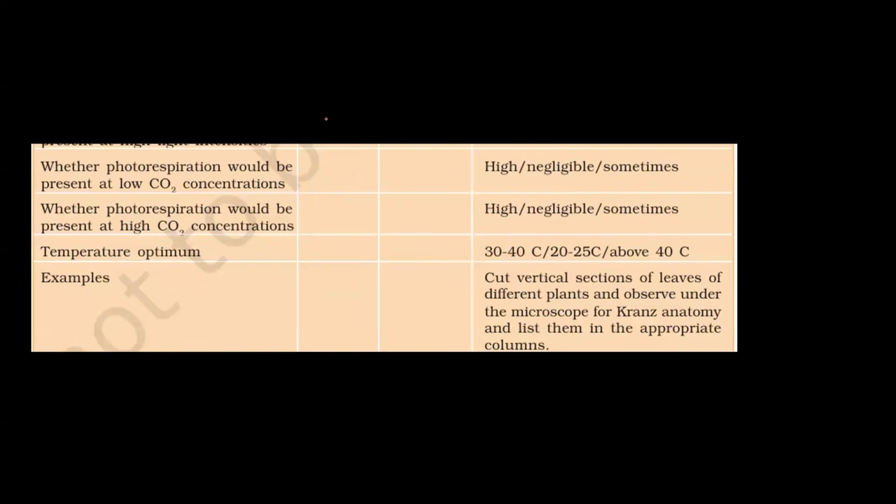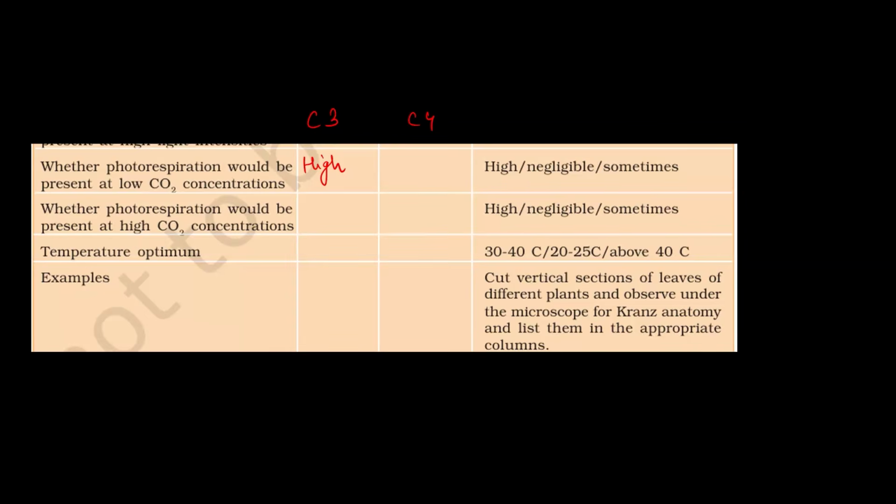Okay, now this is C3, C4. Now the next is whether photorespiration would be present at low carbon dioxide concentration. So if the carbon dioxide concentration is low, the photorespiration will happen in the C3 plants because if there is low CO2, the rubisco will bind to oxygen, right?